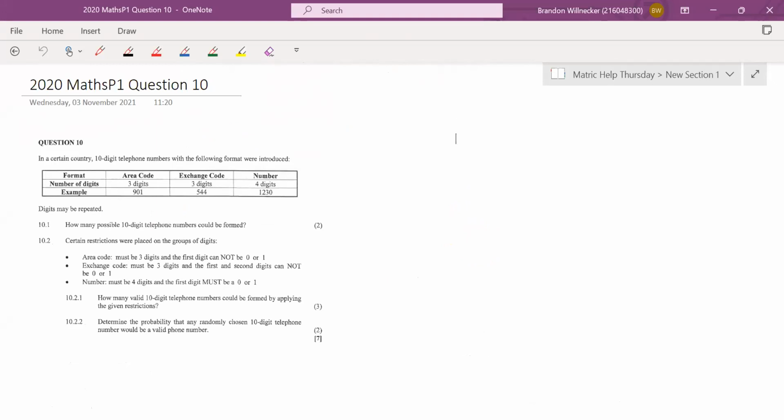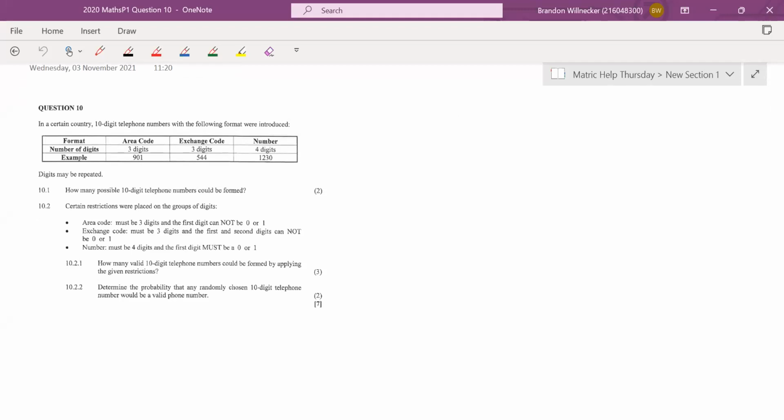Okay, but now we're going into the probability and counting. Okay, so this is question 10 from 2020 Maths paper 1. Okay, so question 10. In a certain country, 10-digit telephone numbers with the following format were introduced. Okay, so here's the format.